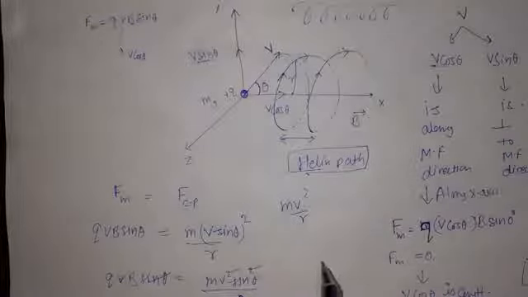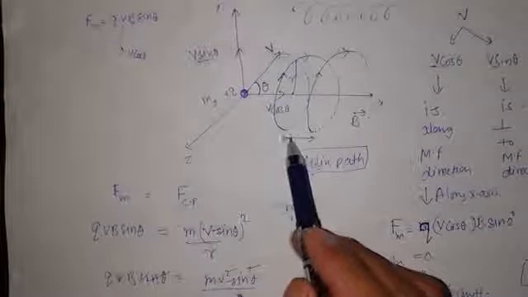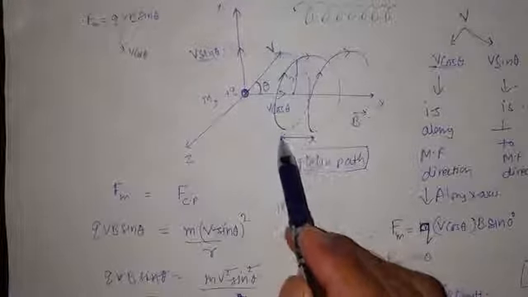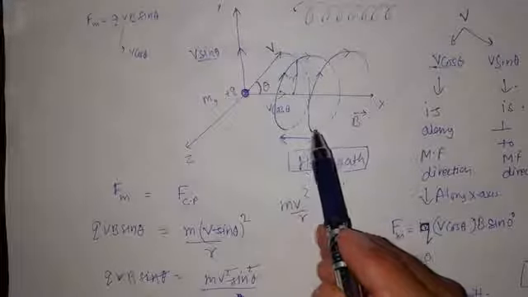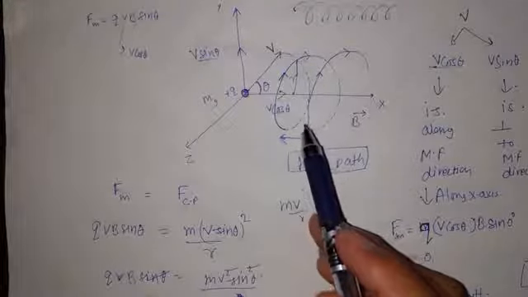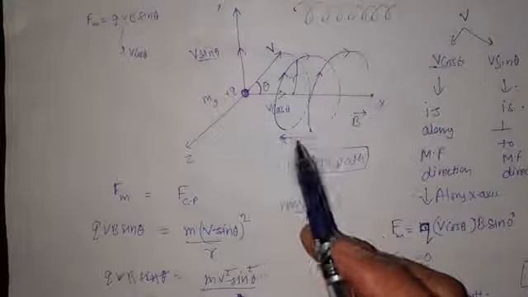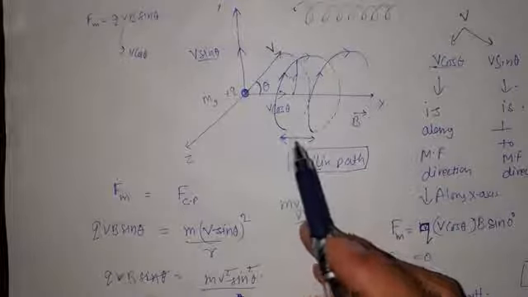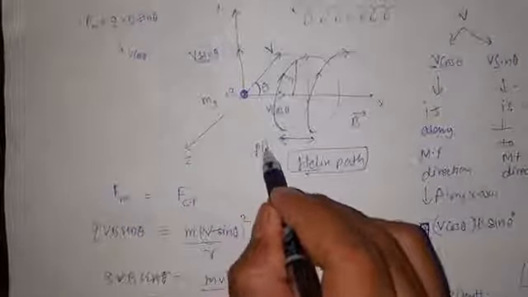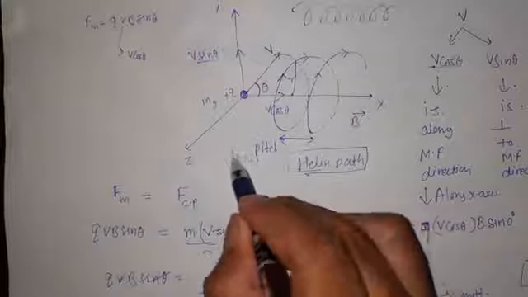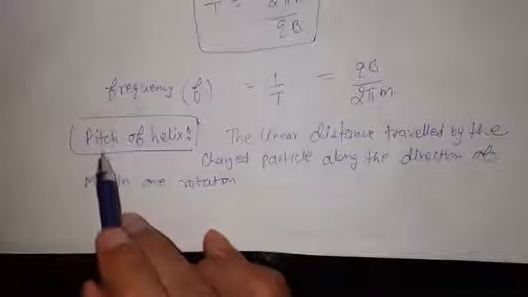Now let us look at how much distance it moves in one complete round. In one complete round, how much linear distance does it cover? This is called the pitch. We denote pitch by p. So what is the meaning of pitch?